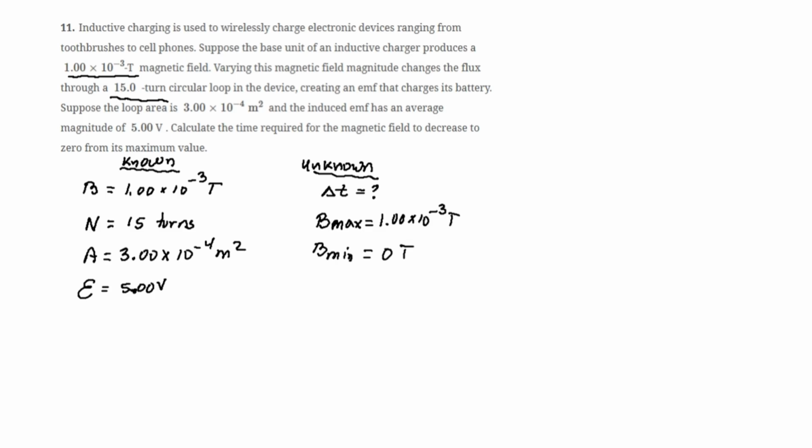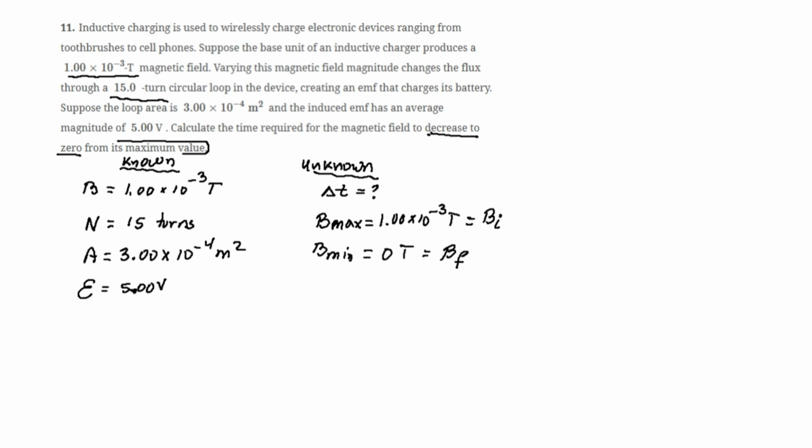I will call the maximum value the initial magnetic field, and the minimum value, 0 Tesla, the final magnetic field. So the initial value is the maximum and the final value is 0.